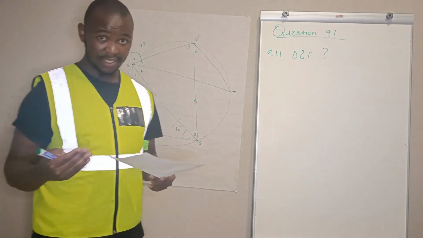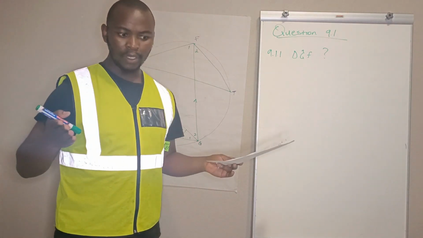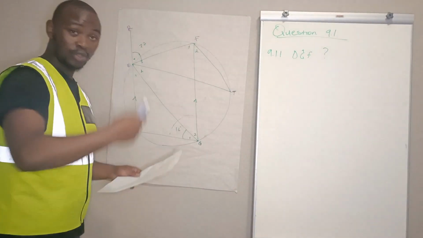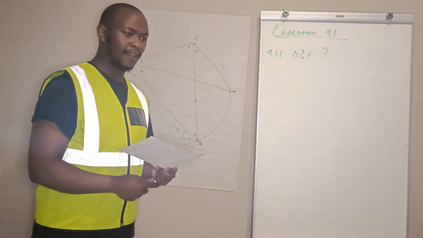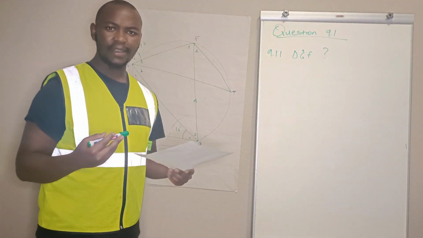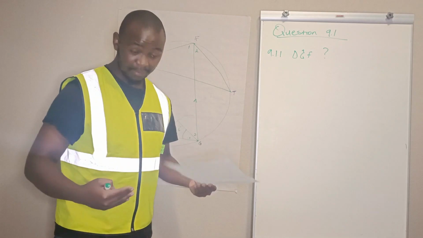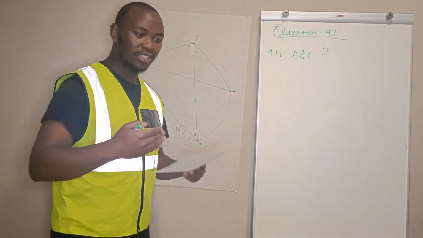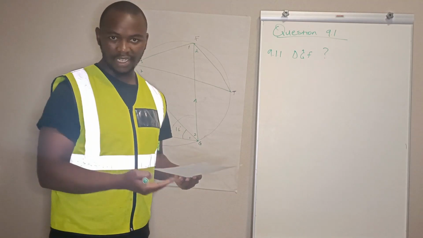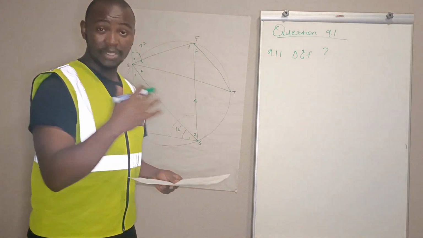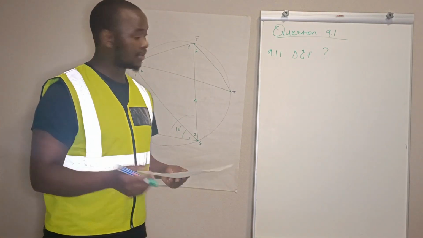And another one is that the exterior angle of a cyclic quad equals the opposite interior angle. Others, you have angles subtended by the same chord. Within a cyclic quad, those angles are equal. So there's many of them. I'll attach a link to more videos around this specific issue, which is cyclic quads.